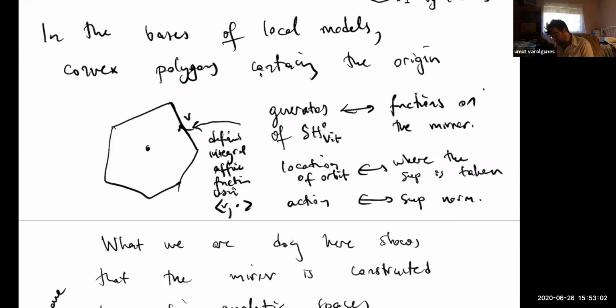These are mirrored to functions on the mirror, basically by construction. The location of the orbit that gives rise to this generator is along this edge, and this edge is also where the corresponding function takes its supremum.